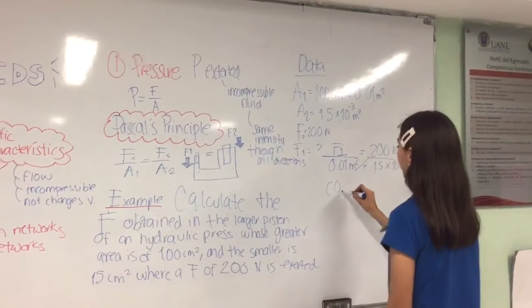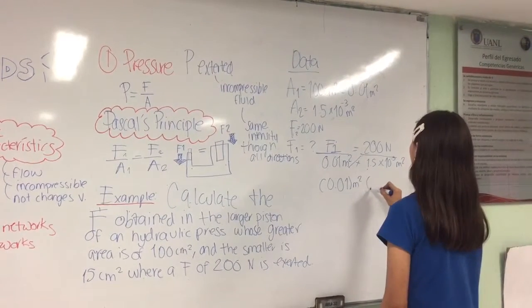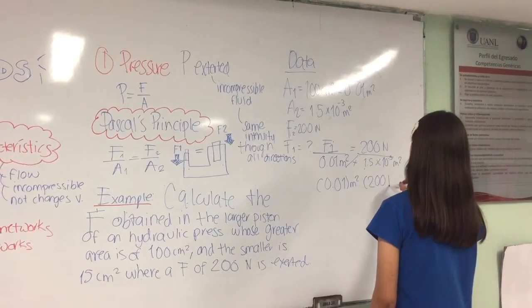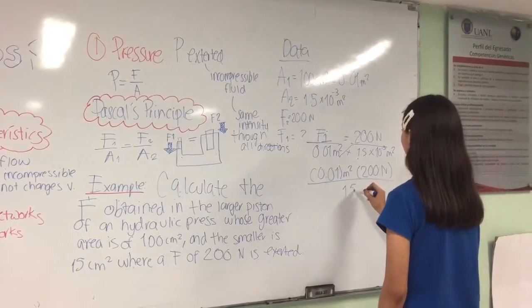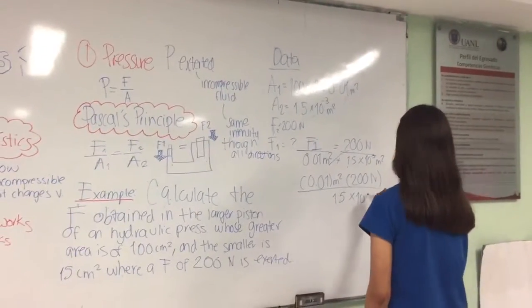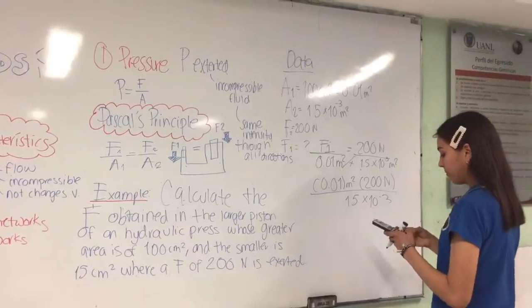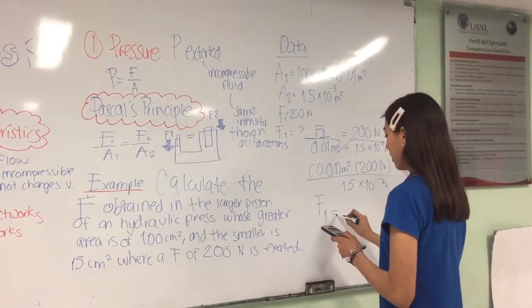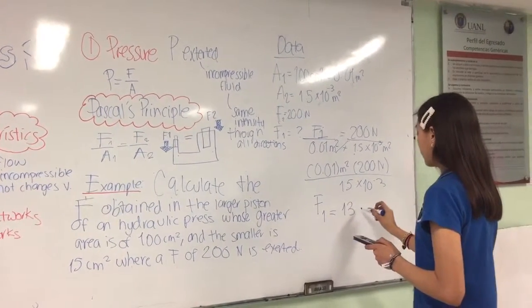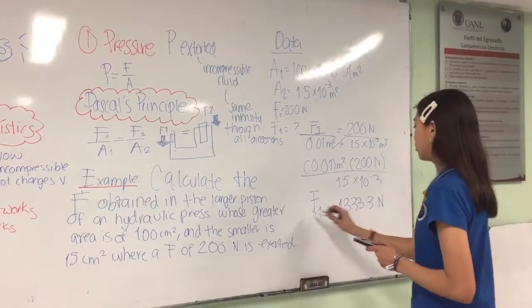So it's going to be 0.01 meters squared times 200 newtons over 1.5 times 10 to the minus 3. If we do this in the calculator, we can find out that the force 1 equals 1,333.3 newtons.